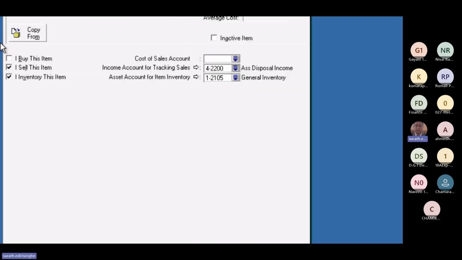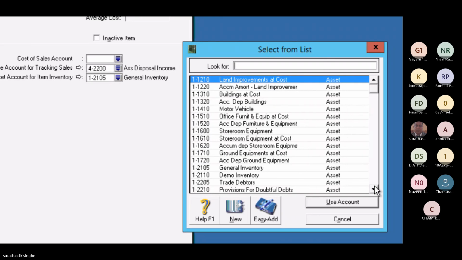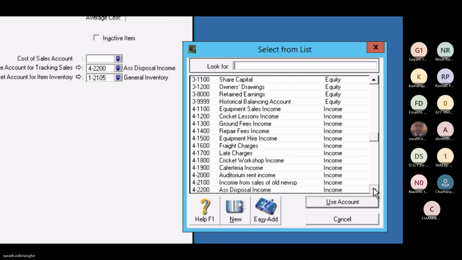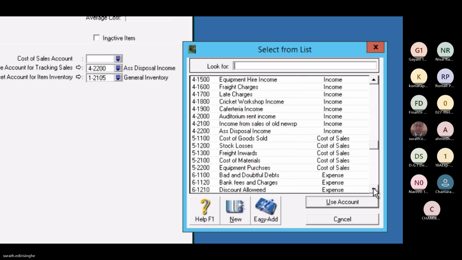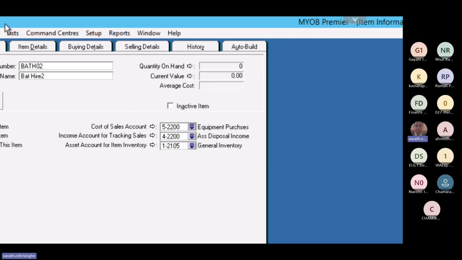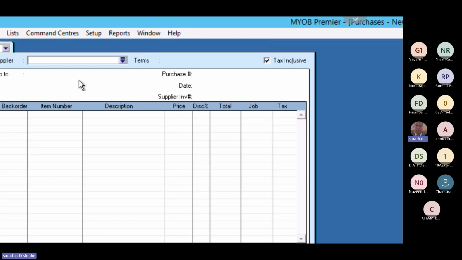Then I buy this item under my cost of sale equipment purchase account. Then set your buying detail, purchase unit of measurement: each.